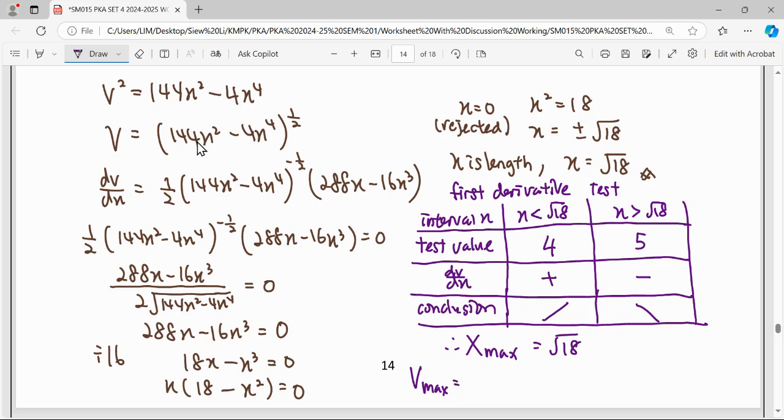Use your x, substitute back to your volume. Okay, can get 36. Tekan calculator ya.